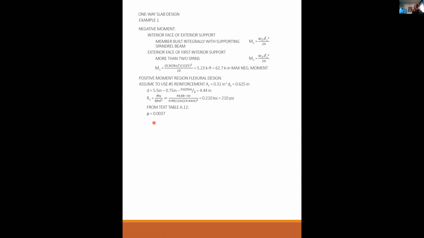So my rho required is 0.0037, which is greater than 0.0033, which is your minimum rho, and it is less than 0.0136 from table A7, that corresponds to epsilon sub t, okay? So I'm already utilizing that shortcut that I talked about earlier at the beginning of this lecture.